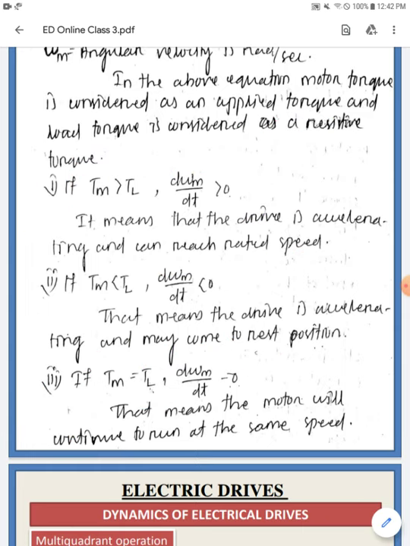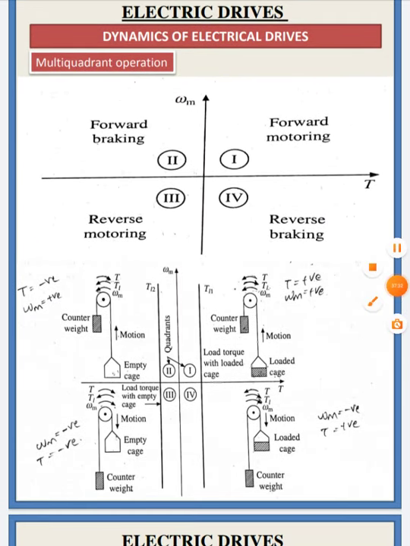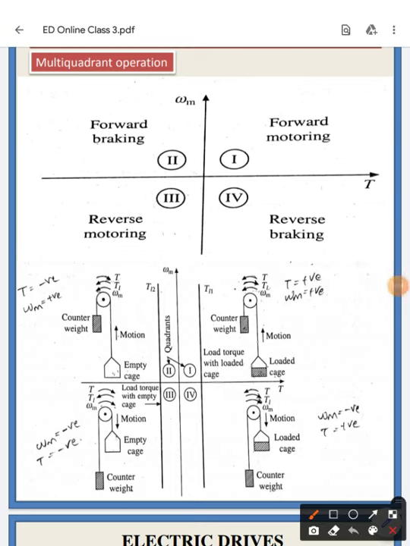Okay, now moving to the next slide. This is the new topic, that is a very interesting one. It is the 4 quadrant operation, and in this we will realize how the lift or hoist drive is working. It may be the lift which is connected inside the shopping malls, or the lift inside the industries for lifting of heavy materials.